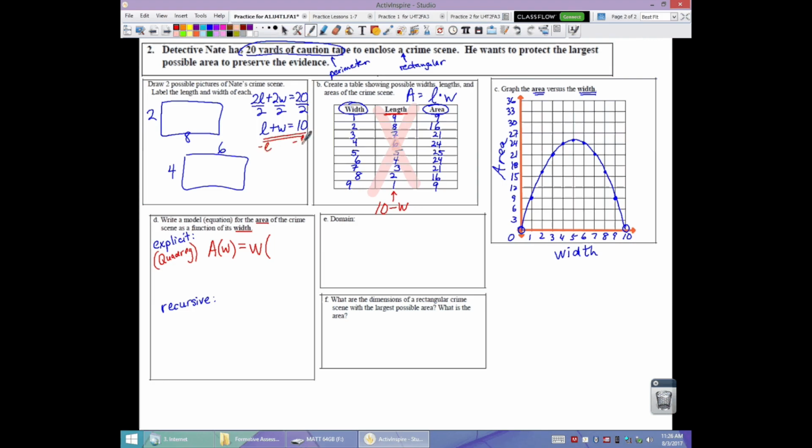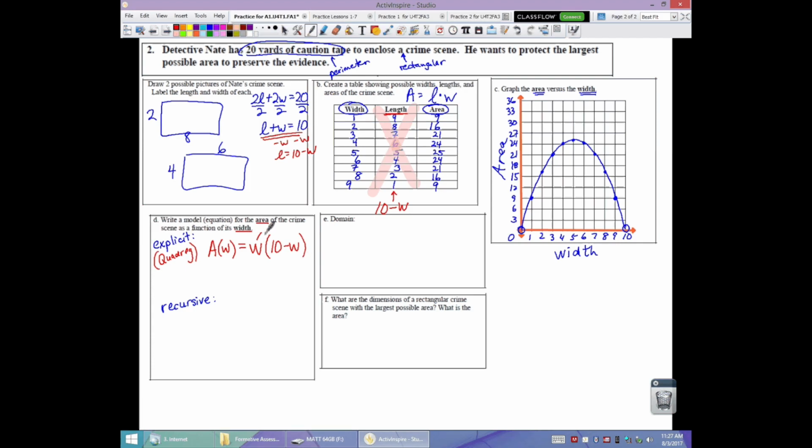So if we go back to L plus W equals 10, if we needed an expression for length, we solve it for L, it's 10 minus the width. Okay, so this is a good answer.